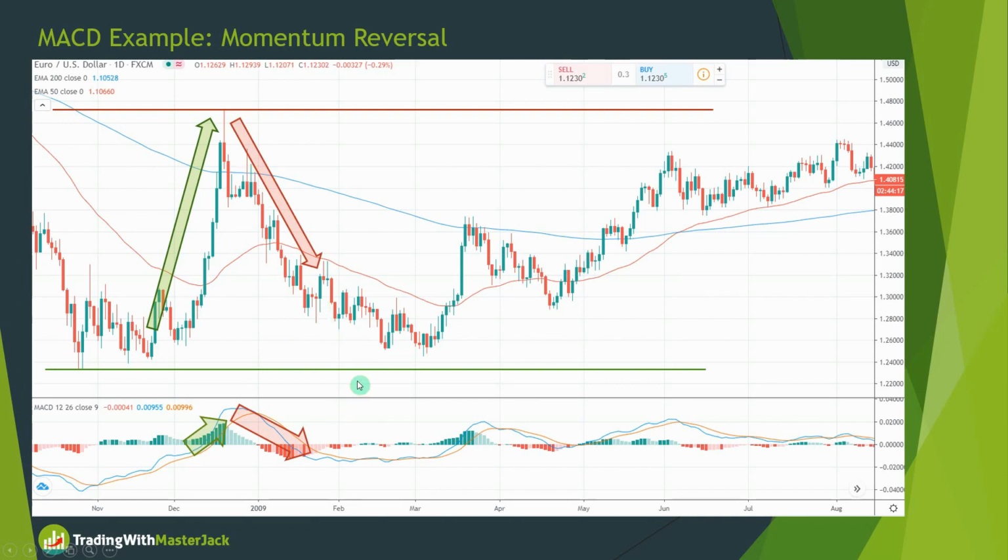So that would be a great opportunity to go short again from that place of resistance as an area of value. And there also strong momentum relative to the rest of the chart, coming down there with a momentum reversal to that point.